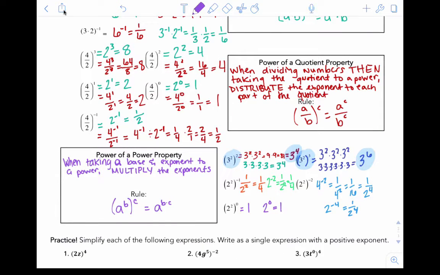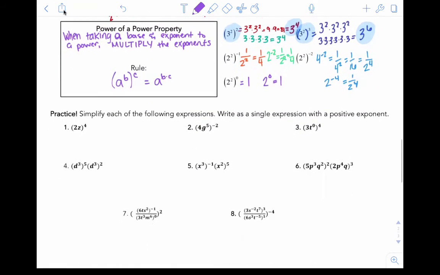All right, we just learned 7 different properties, and we wrote out 7 different rules for all these different exponent rules. So now let's see if we can put them all together and simplify all of these expressions. So 1 through 8 are the types of problems you're going to be seeing on your homework.